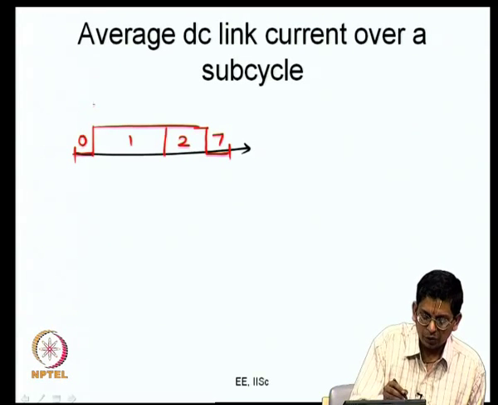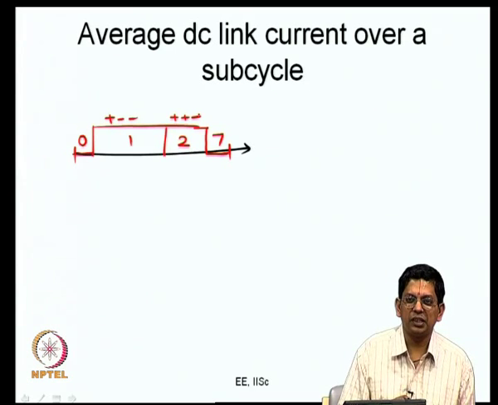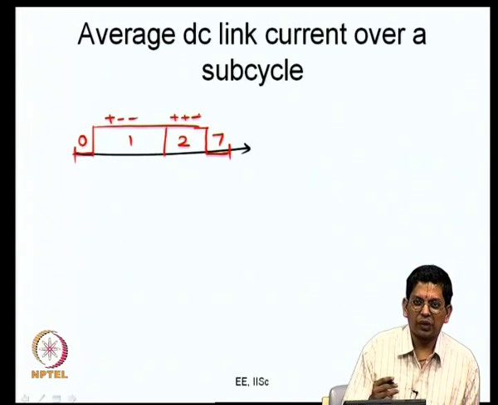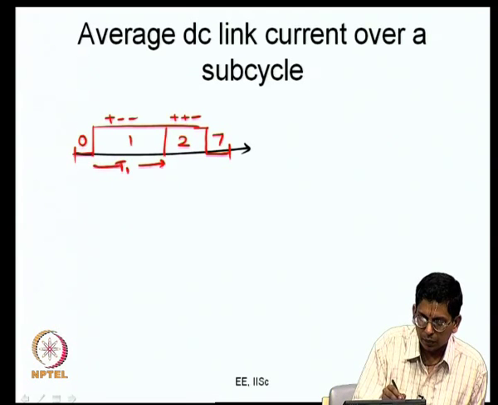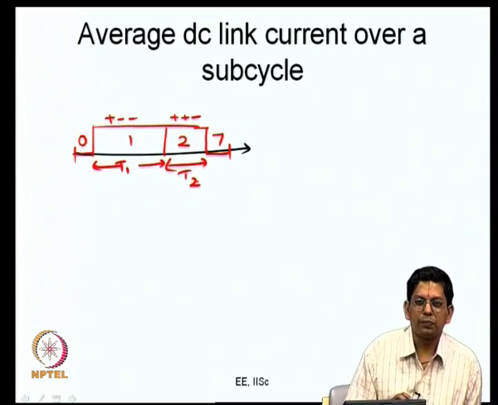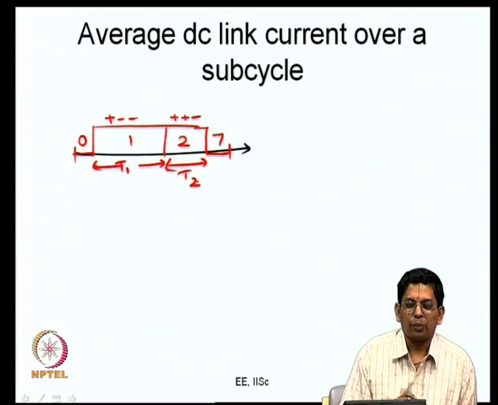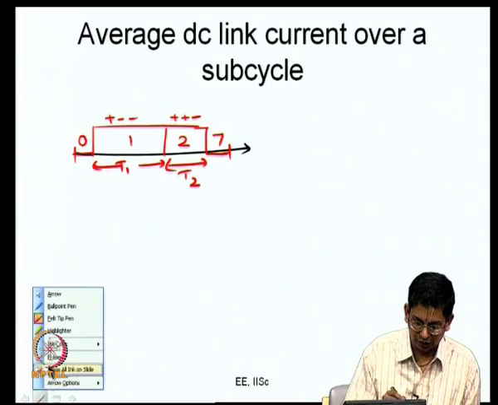So, this 0 means all of them are negative, 1 means plus minus minus, 2 means plus plus minus. Let us say this is what is applied in one inverter cycle. So, this is for duration T1, this is for duration T2. So, now what happens? You have 3 phase currents. In this subcycle, you will have 3 phase currents.